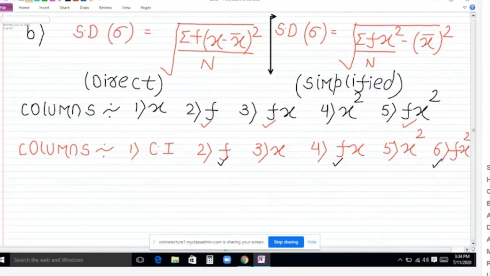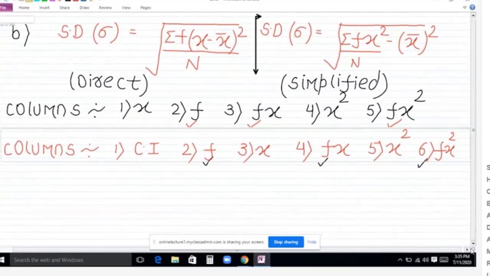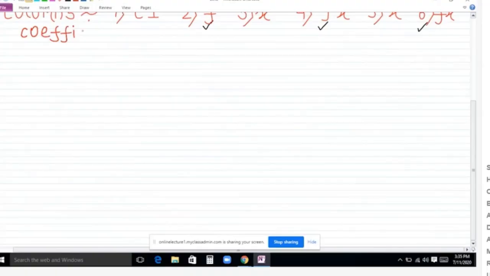Okay, in that case write down the heading as coefficient of variation. Write down coefficient of variation.